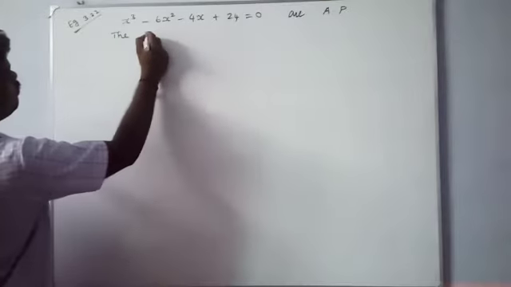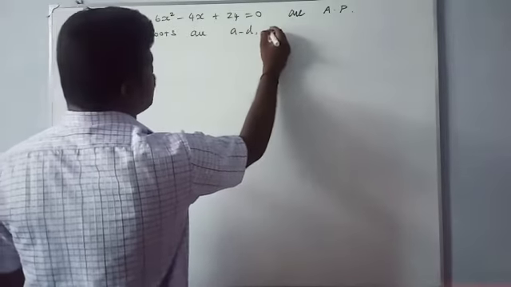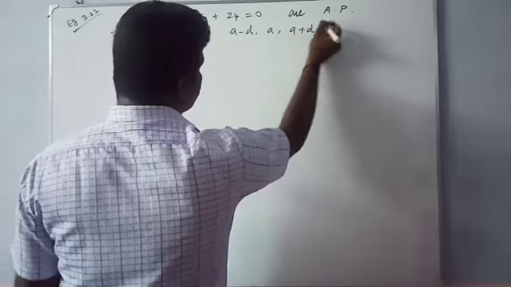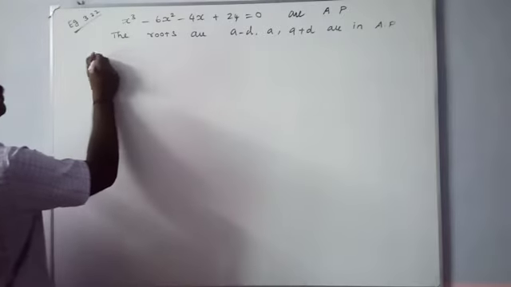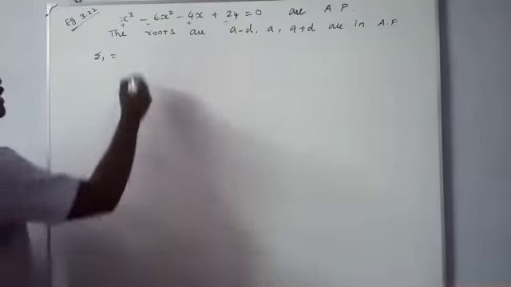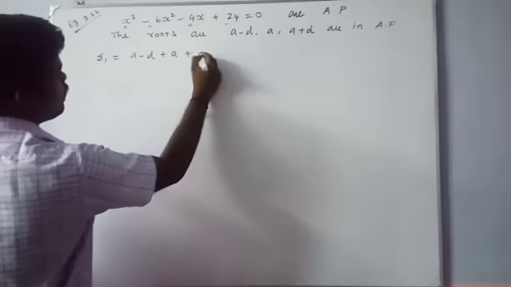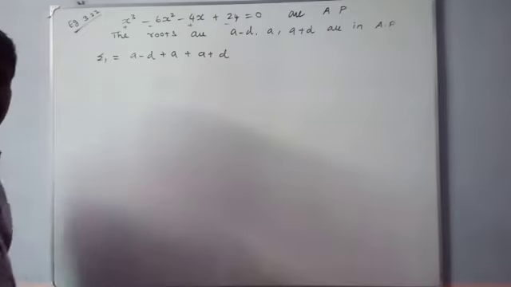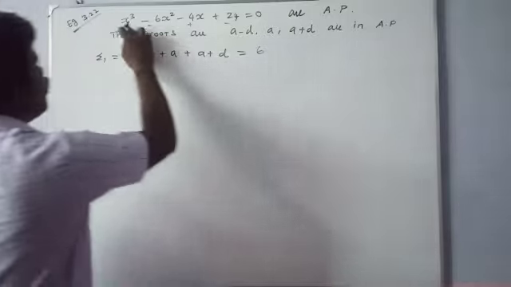Already the roots are a minus d, a, a plus d, in AP, arithmetic progression. Now summation 1 is plus, summation 2 is minus, and summation 3 is plus and minus. Sum of the three roots, a minus d plus a plus d, is equal to minus of minus, means plus 6 by 1.